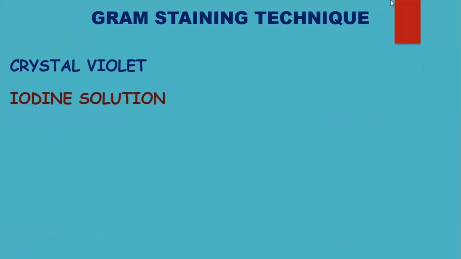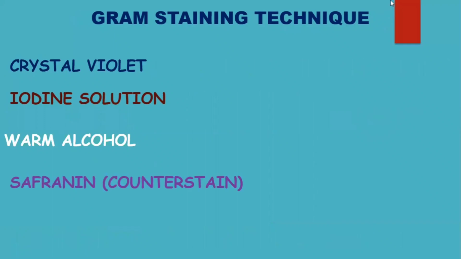Gram staining technique, how it proceeds or how we do it. First, you have to take a stain, crystal violet, and put it on the bacteria. After that, we put on iodine solution to fix the first stain and then wash it with warm alcohol and water. After that, add a counterstain called safranin.